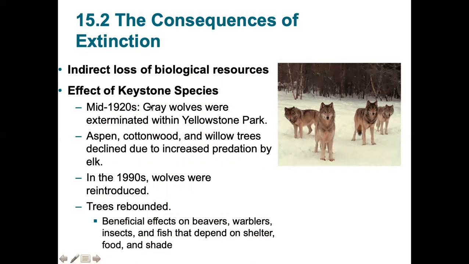The gray wolves were hunted and killed, and then the elk, just because they weren't being eaten by the wolves, grew in population completely unchecked, and they needed food. So what did they do? They ate all the trees to the point where the trees were then threatened. So you put the wolves back in, they keep the elk in check, and the trees come back.